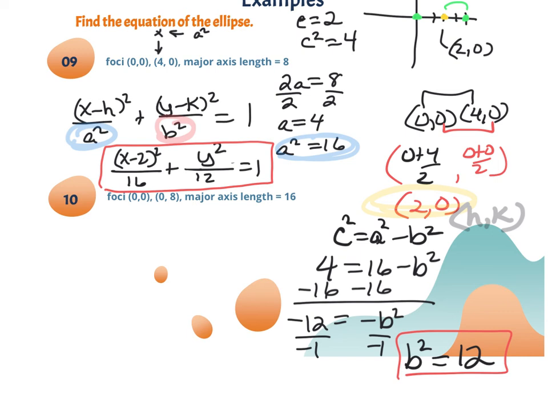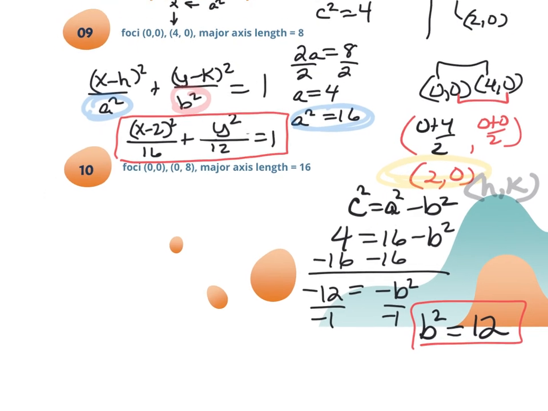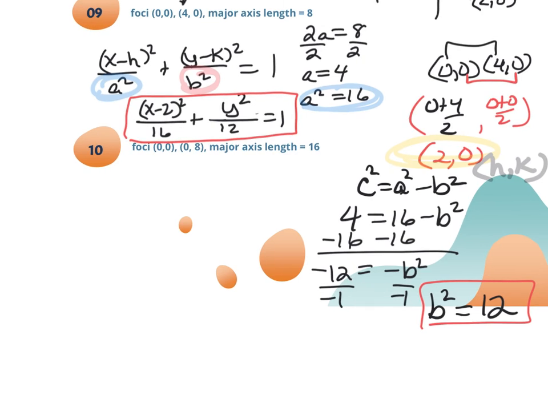One last example. Again, if it helps you to have a visual so you know which way your major axis is, let's graph the 2 focus points. I have one at 0, 0, and another one at 0, 8.